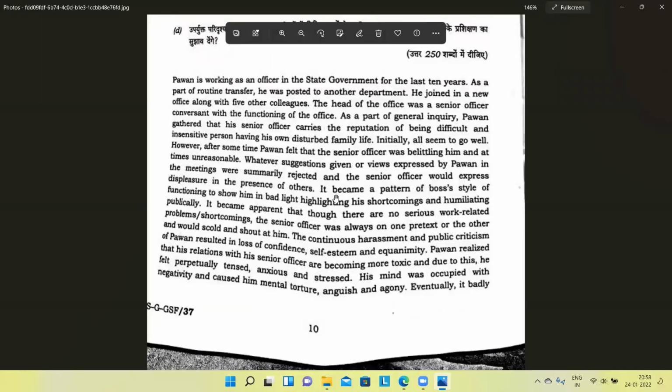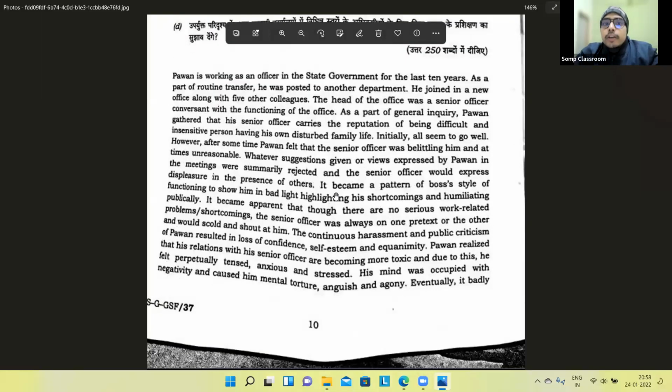The head of office was a senior officer conversant with the functioning of the office. Okay, so you have a kind of mentor over here, a person who knows how the office functions. As a part of general inquiry, Pawan gathered that his senior officer carries the reputation of being difficult and insensitive, having his own disturbed family life.